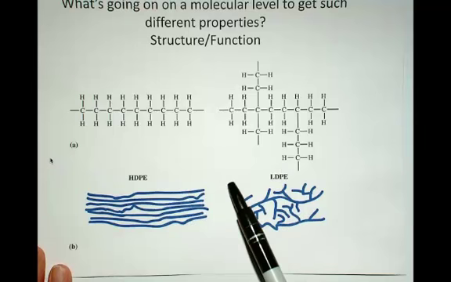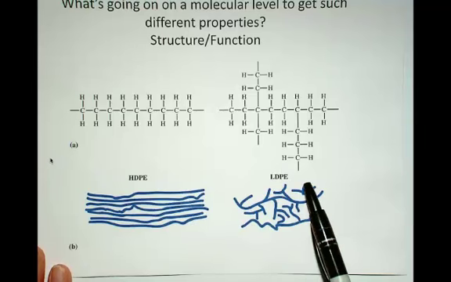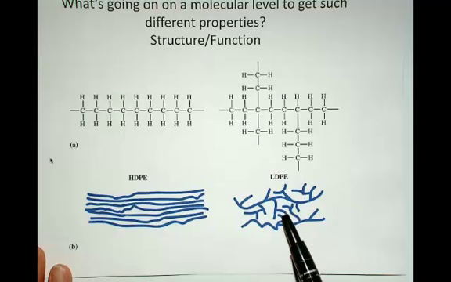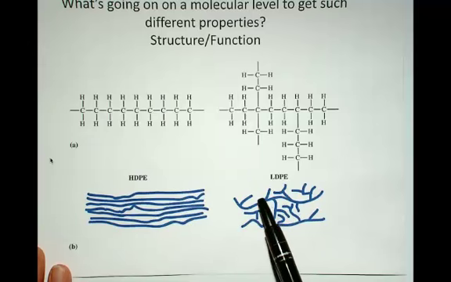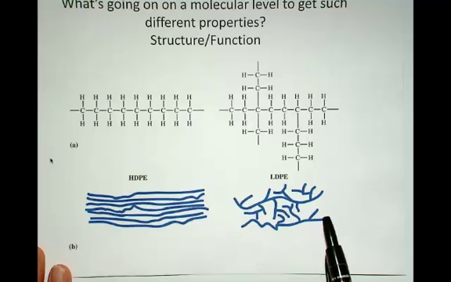Whereas with the low density polyethylene, because of all the branching, they can't get as close together, so the individual polymer units are not held as tight together, because again, the dispersion forces are very distance dependent. And so this polymer chain is far away from this polymer chain, and so the forces holding them together aren't quite as tight.